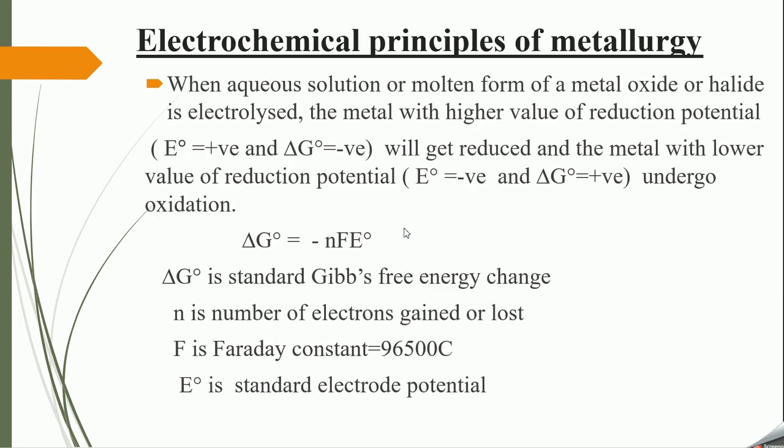Next topic is electrochemical principles of metallurgy. According to this principle, the metal is obtained by the reduction of metal ion in solution form by electrolysis. What is electrolysis? You all studied something about electrolysis in the first year under the redox reaction chapter. Do you remember?